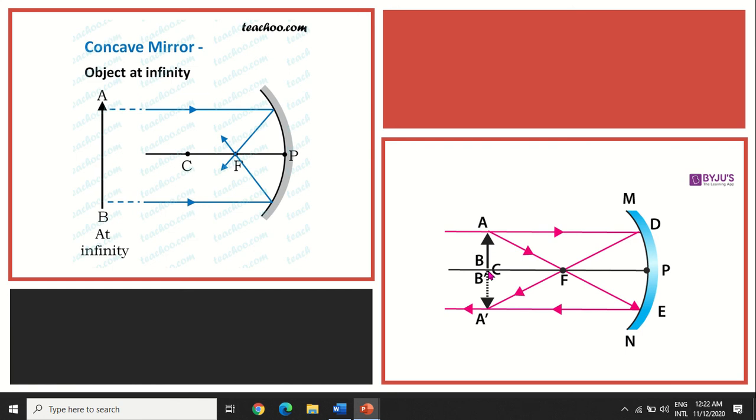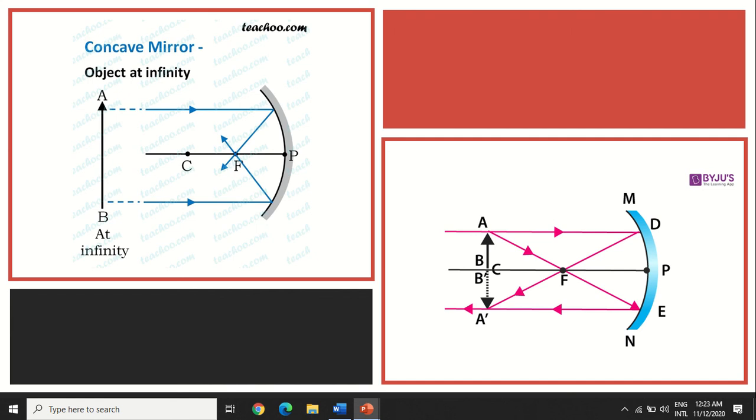In this way you can find the other diagrams: object between infinity and center of curvature, object between center of curvature and principal focus, object at the principal focus, and object between principal focus and pole of the mirror.